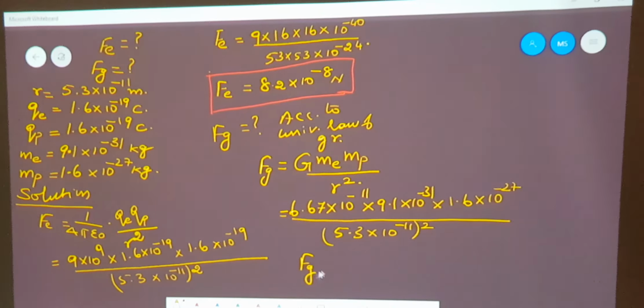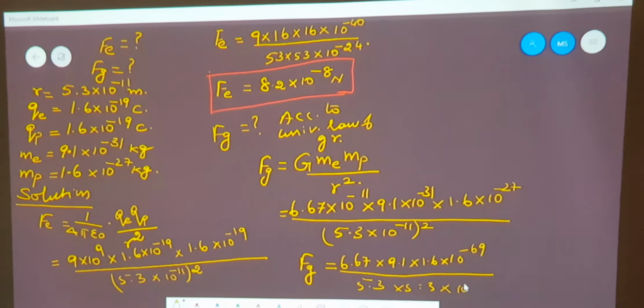Simplified, Fg will be equal to, if you want you can write like this, 6.67 into 9.1 into 1.6 into, on simplifying, 31 plus 10, 41 plus 1, 42, 42 plus 7, 49, 59, 69, 10 to the power of minus 69 whole divided by 5.3 into 5.3 multiplied with 10 to the power of minus 22, and on simplifying you will be getting 3.4 into 10 to the power of minus 47 Newton.